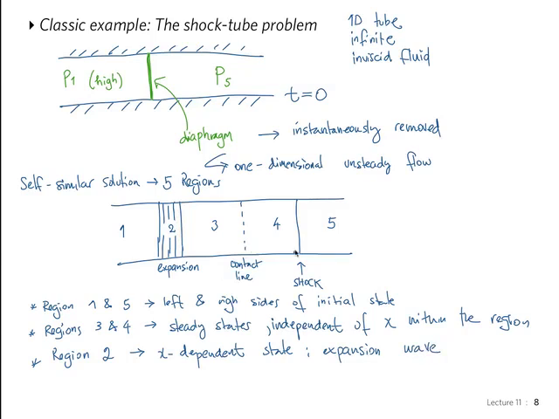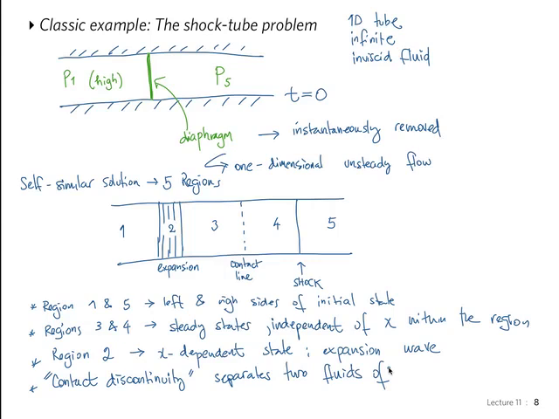The dividing line between 3 and 4 is a contact discontinuity because this contact line between 3 and 4 separates two fluids of different entropy, but the same pressure and same velocity. So it's really an invisible line.